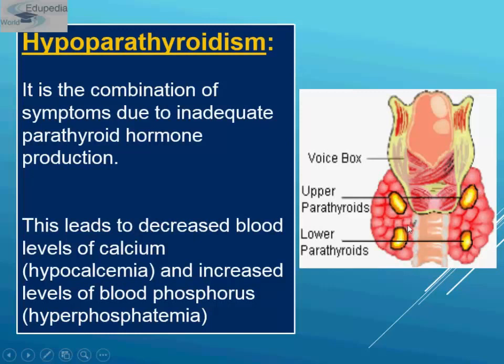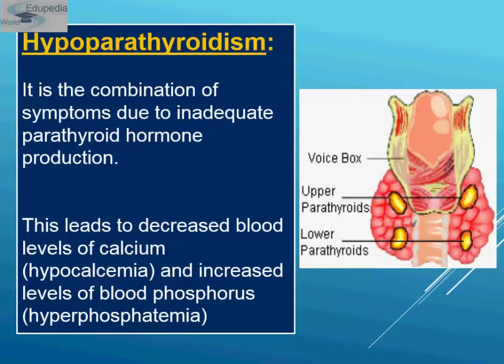So hypoparathyroidism is a disorder of parathyroid hormone, and it causes lowering of the blood calcium level, and this increases the excitability of nerves and muscles that cause cramps and convulsions.